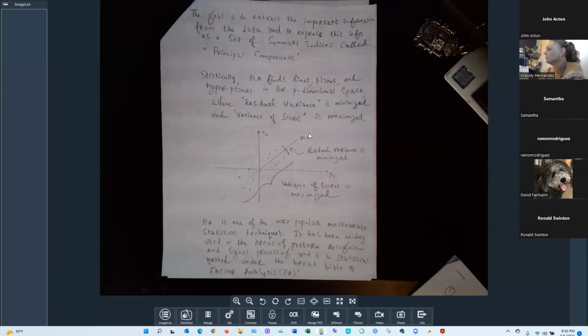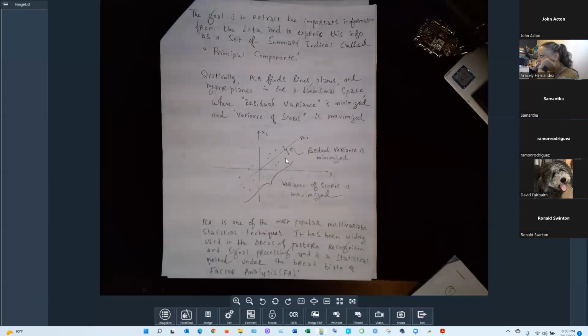See how we're going to select this one in such a way that all the errors measured with respect to this one should be minimized, while the distance measured from here to the point of projection should be maximized. Either way, maximize this way, minimize that way.